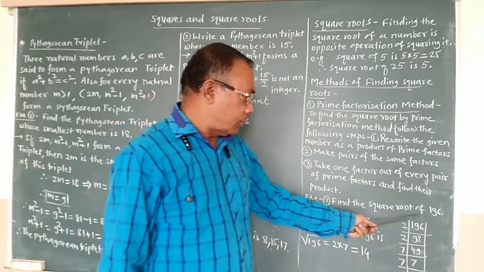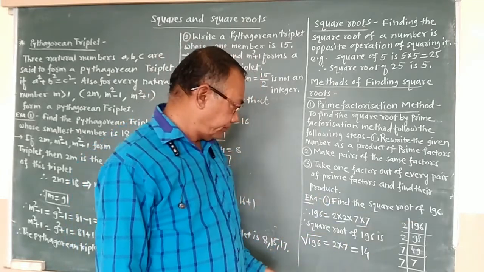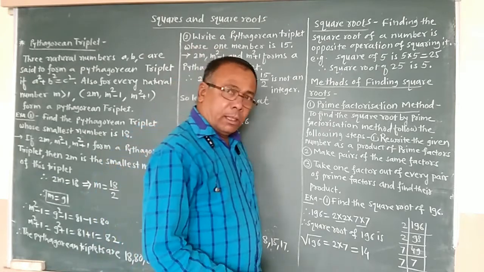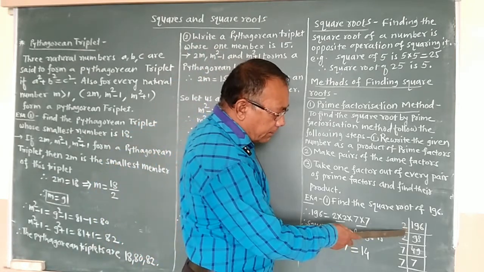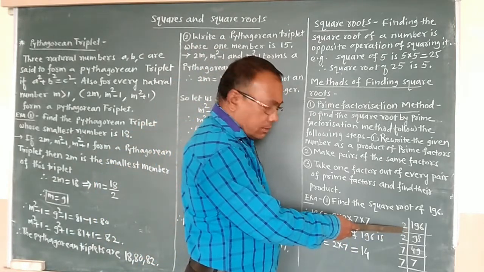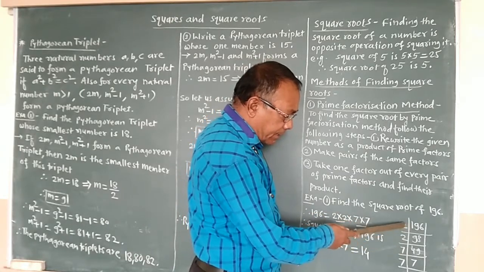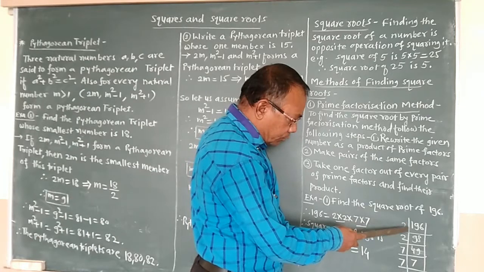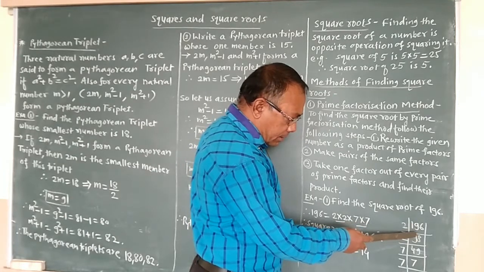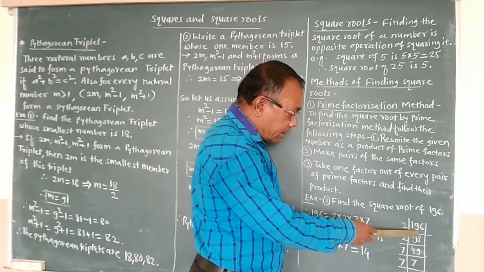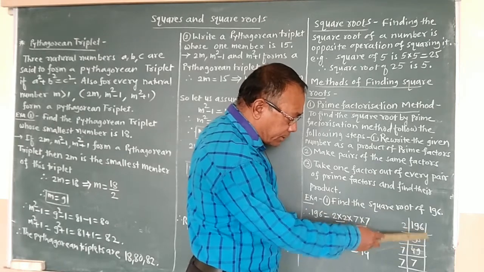Find the square root of 196. Here I have found the factors by division method. So 196 divided by 2 means 2 9s are 18, here 1 is a remainder, it becomes 16. So 2 8s are 16.